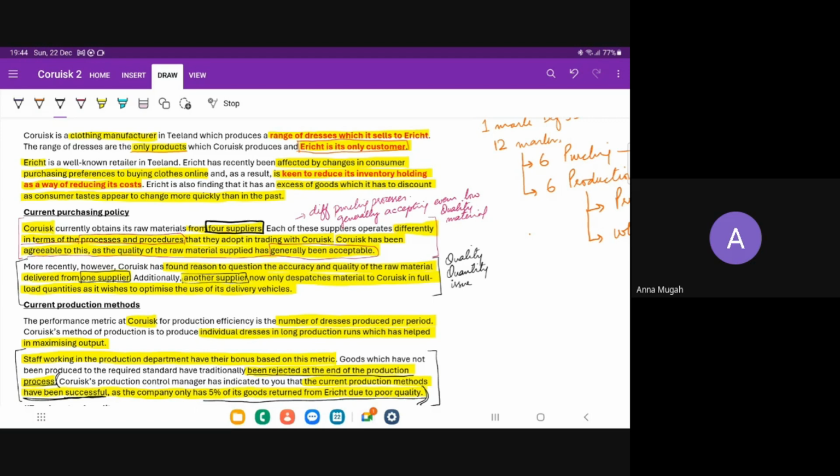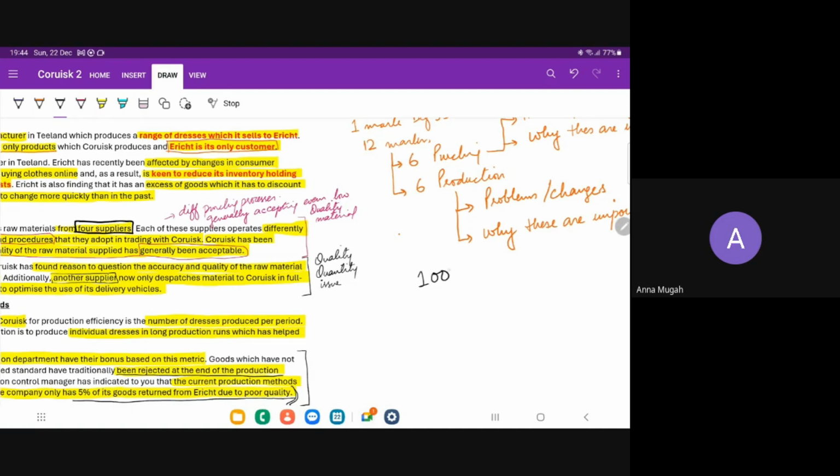For example, if he has asked us to produce 100 t-shirts in 10 days, because he is also moving to JIT, RH doesn't have any inventory. So RH will definitely want us to produce within 10 days, not more than 10 days. And if we are selling 100 t-shirts, he wants all 100 to be perfect.